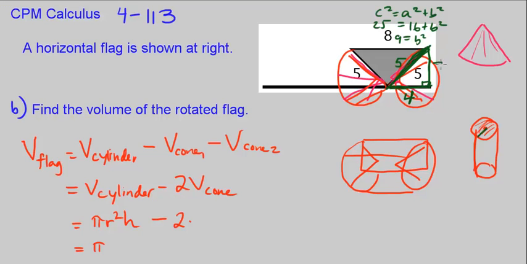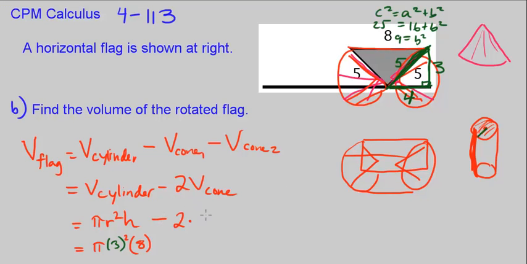Square root of 9 is 3. So this side is 3. So the radius is 3. So it's pi times 3 squared, times h. H is this height of the cone. Well, that's just the side of the flag, which is 8. So pi times 3 squared times 8 is the volume of the entire cylinder.